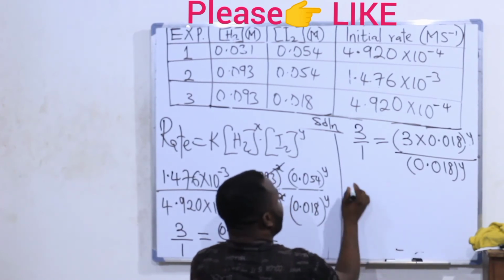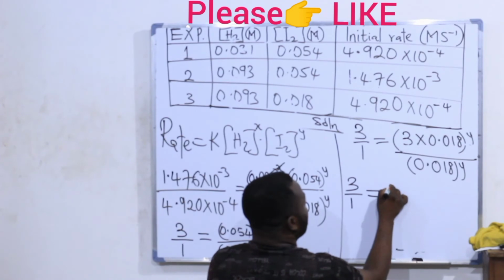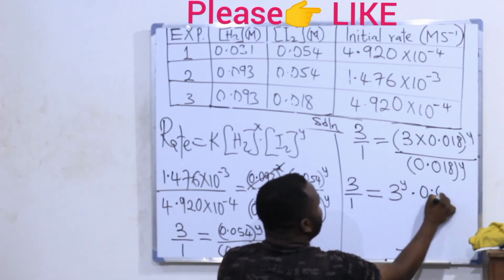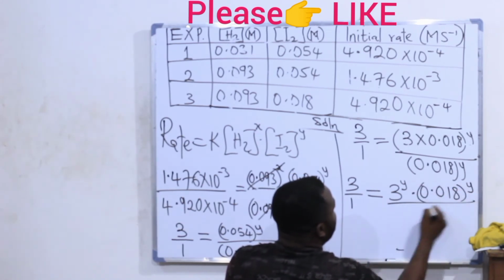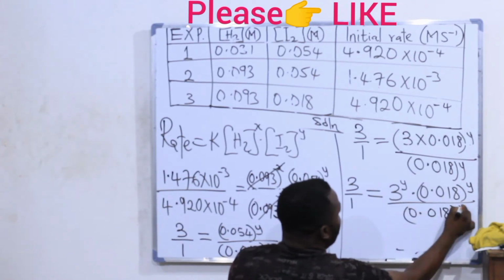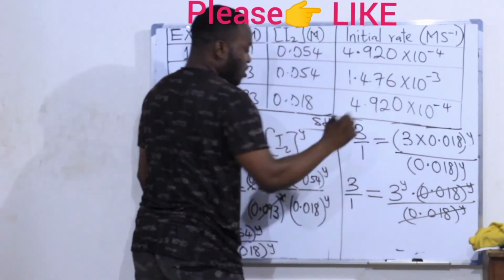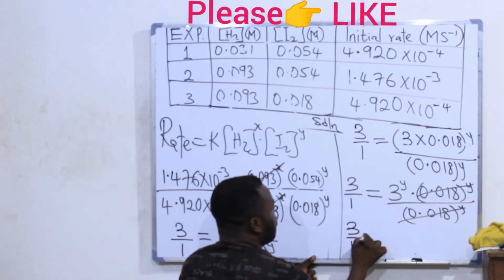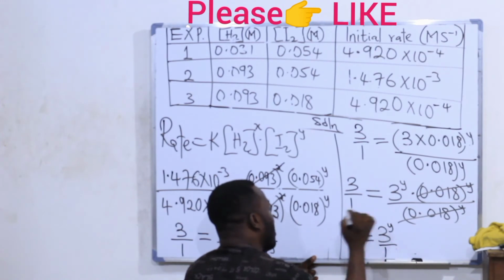So 3 divided by 1 is equal to 3 raised to the power y multiplied by 0.018 raised to the power of y, all divided by 0.018 to the power of y. You can see this can cancel out. So I have 3 over 1 is equal to 3 to the power y. I can still say over 1.